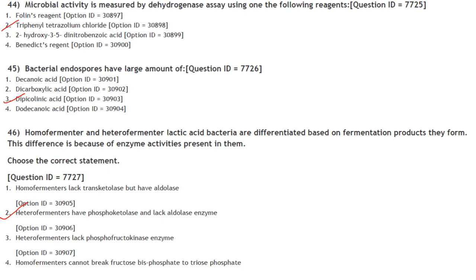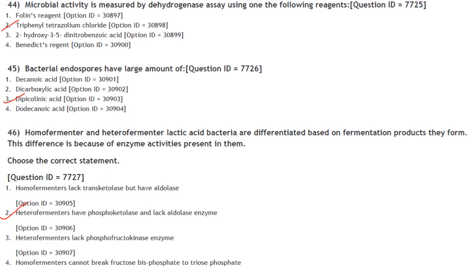Homofermenter and heterofermenter lactic acid bacteria are differentiated based on the fermentation products they form. This difference is because of the enzyme activities present in them. Choose the correct statement. Homofermentative bacteria produce only lactic acid as the primary product during glucose fermentation, while heterofermentative bacteria produce ethanol or acetic acid or even carbon dioxide other than lactic acid as byproducts during glucose fermentation.